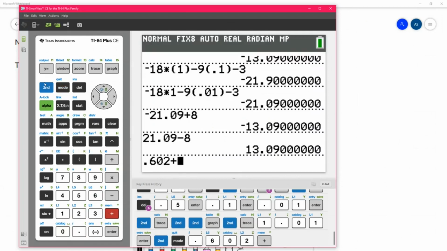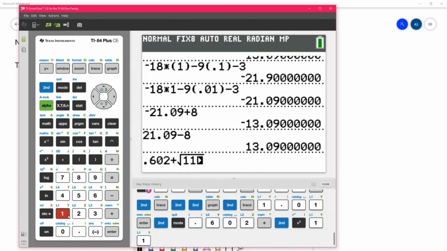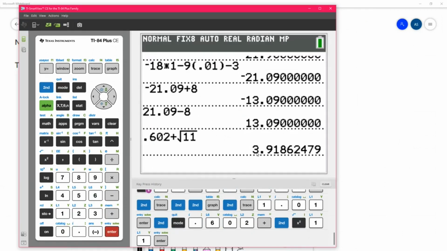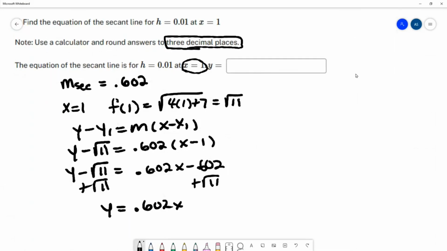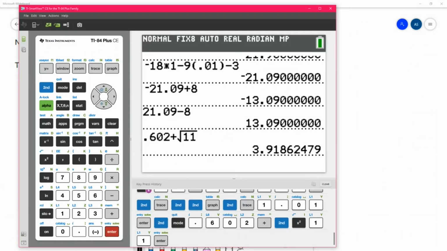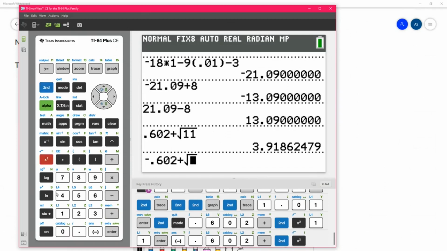0.602 plus the square root of 11. And to 3 decimal places, that would be 3.919. Let me double check that. I got my signs wrong, so it's negative 0.602 plus square root of 11.